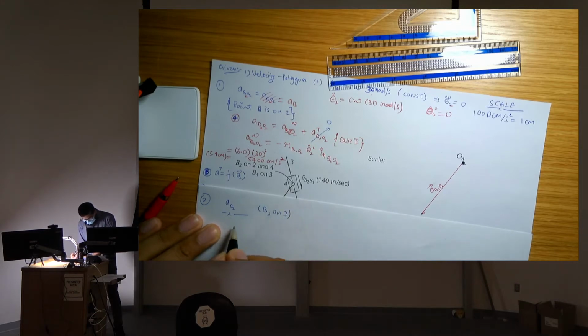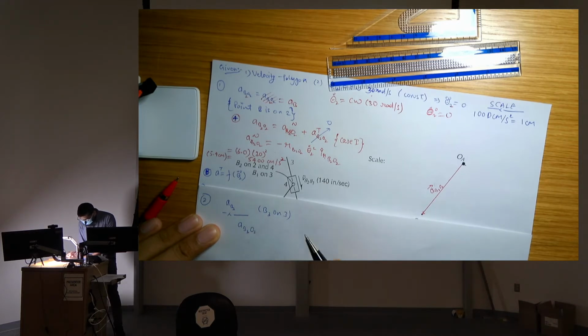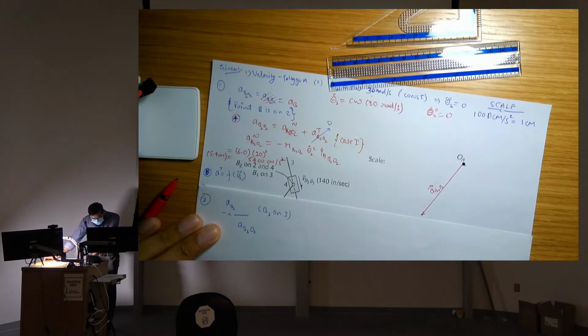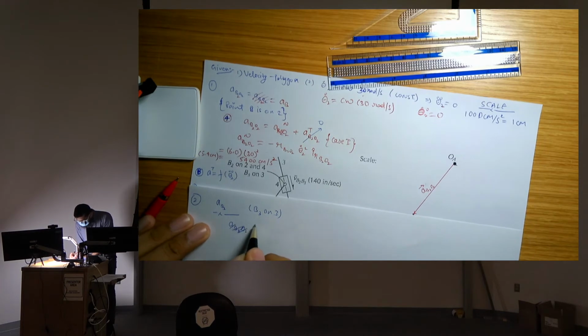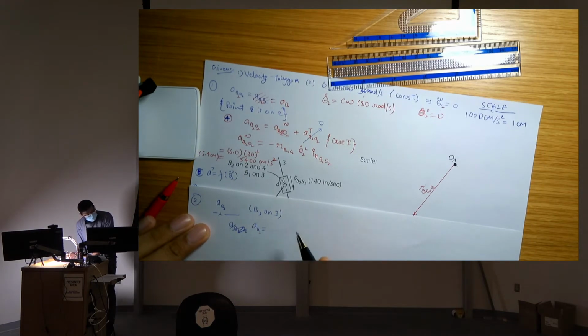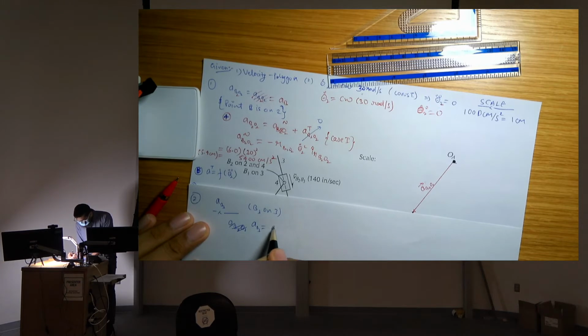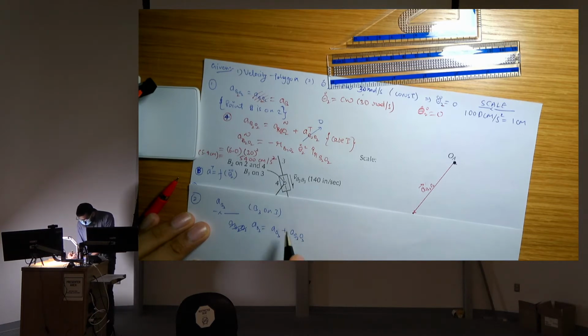If we find the acceleration of B3 and O3, your A_B3 would be the acceleration of O3 plus A_B3/O3.